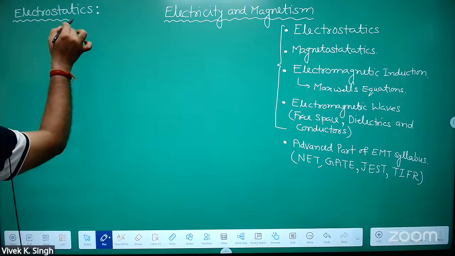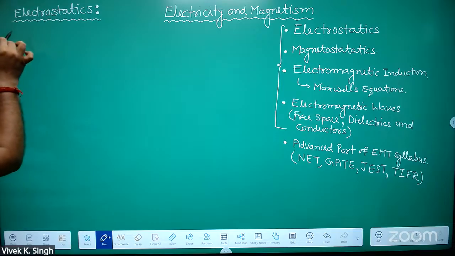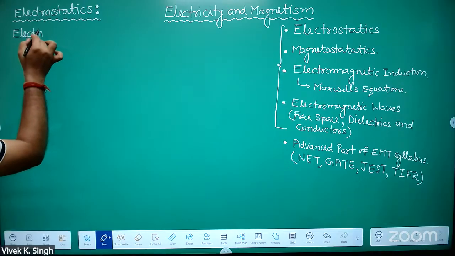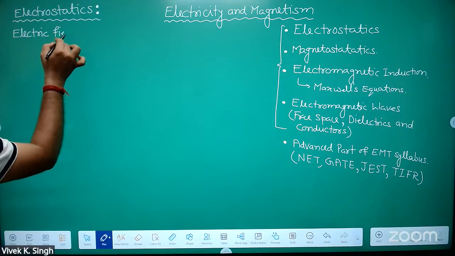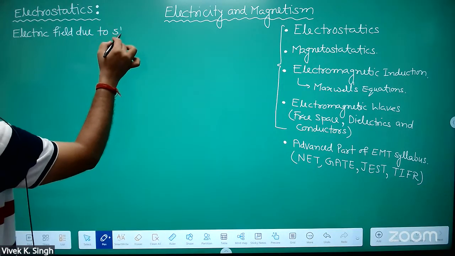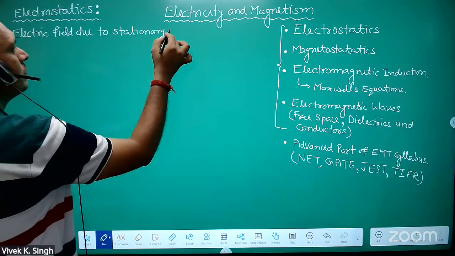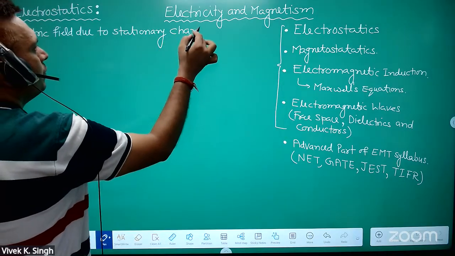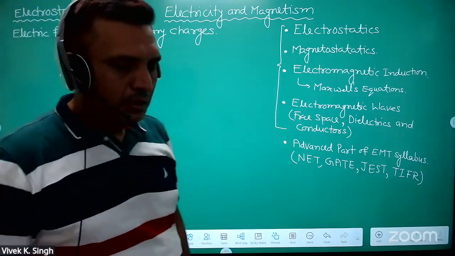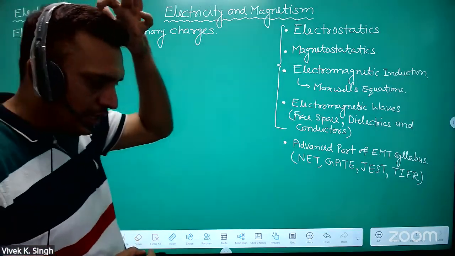So in electrostatics, we will talk about electric field due to stationary charges. Field due to stationary charges. Electric field due to stationary charges.